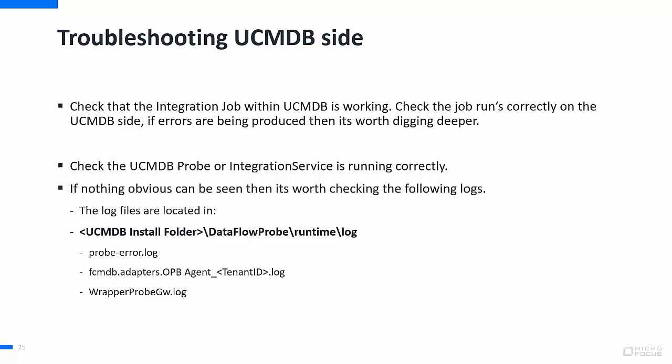If it's definitely up and running, then you should know that it should at least be able to pass information through. If there's nothing untoward in there, then you should be able to see within the probe error log if there's anything being reported as to why the integration's not passing anything through to SMAX.